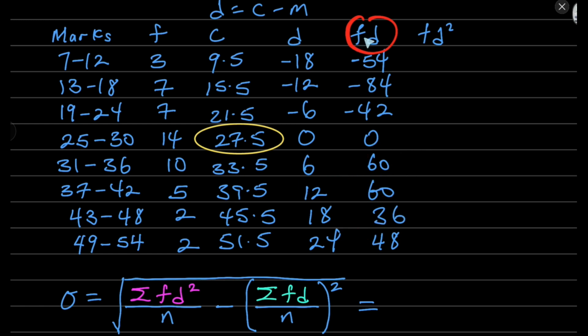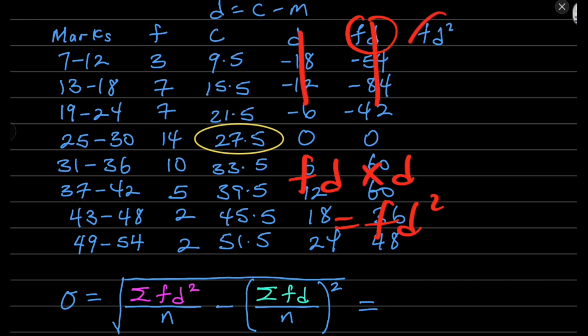Instead, since we have FD already, FD times D should give you FD squared, right? So we just multiply this FD column by this D column. That should give you FD squared straight up.